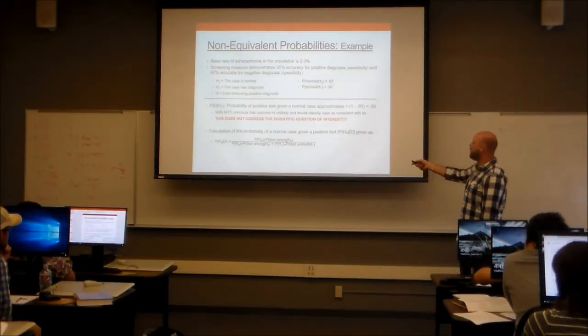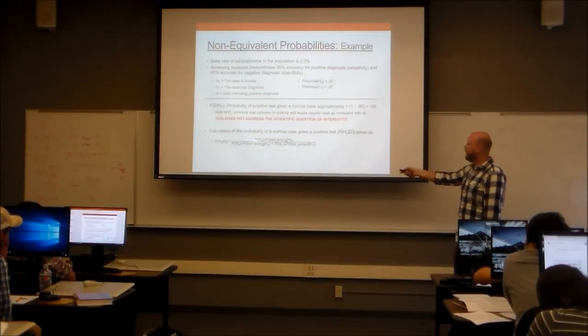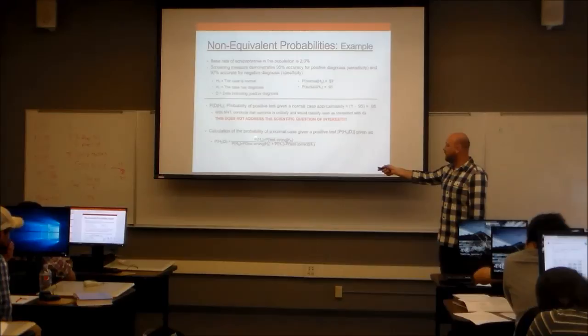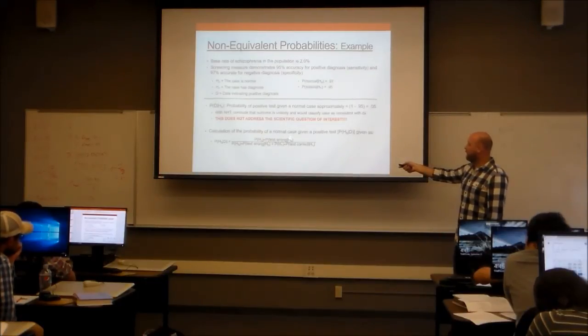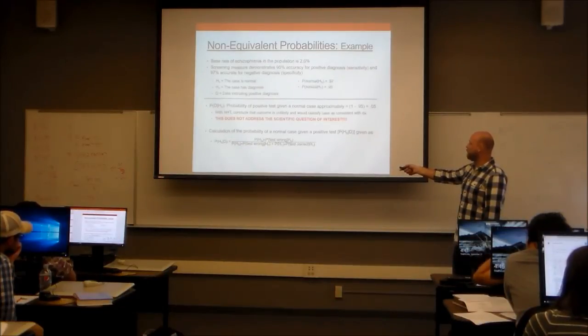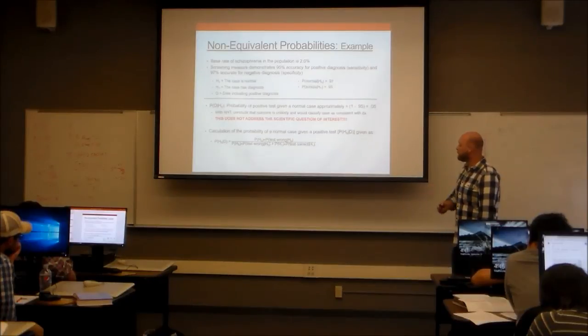To calculate the probability of a normal case given a positive test, we need to know the probability of a normal case times the probability of a wrong test given a normal case, over the probability of a normal case times the probability of a wrong test given a normal case, plus the probability of a positive diagnosis multiplied by the probability of a correct test given the diagnosis.